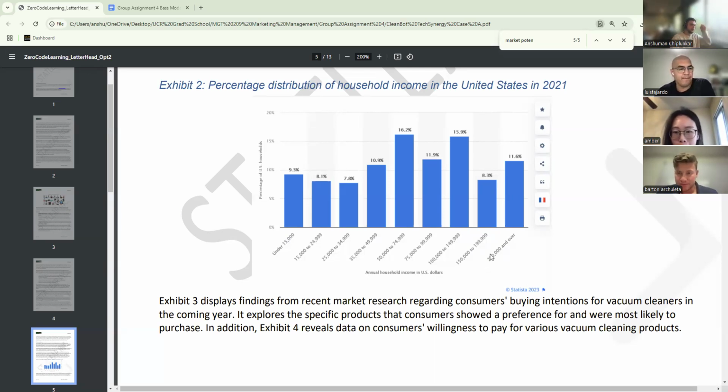Awesome. So this is the percentage distribution of household income. And what we're going to be primarily targeting, based off of what the article is telling us, is right here: households that make over 100K, basically, right?